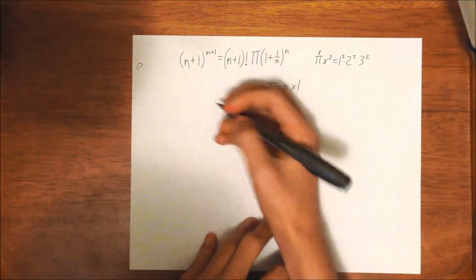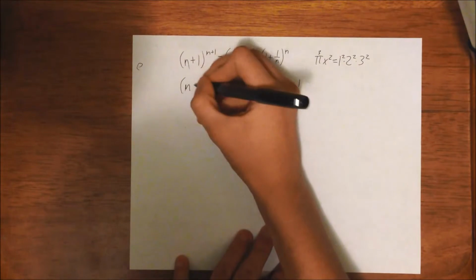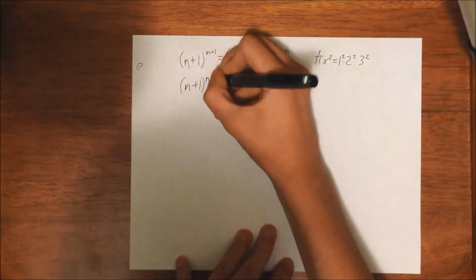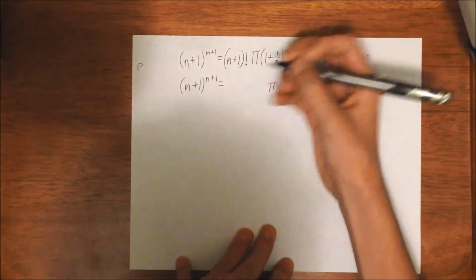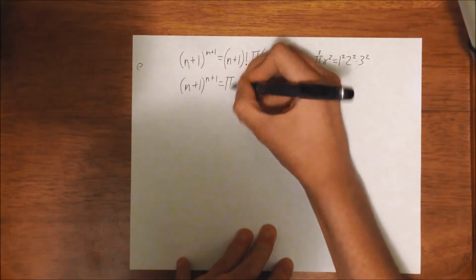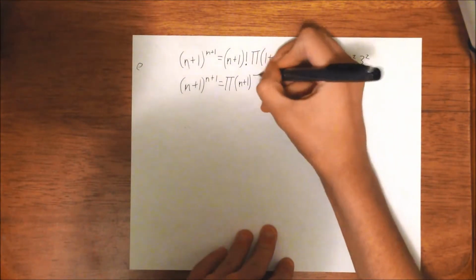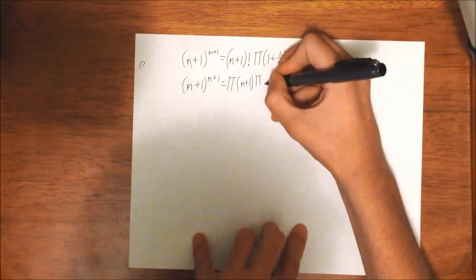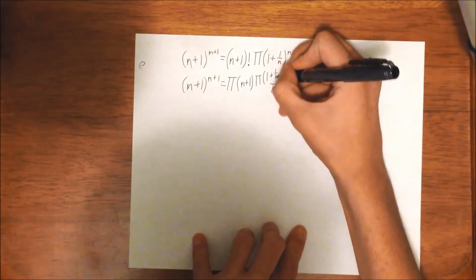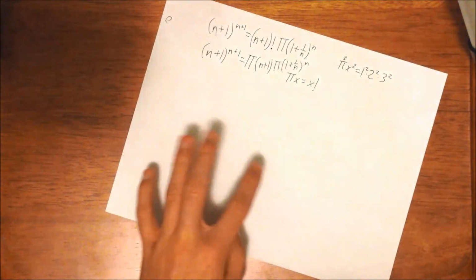So this can be rewritten as (n+1)^(n+1) equals capital pi of n plus 1 times the capital pi of (1 + 1/n)^n.